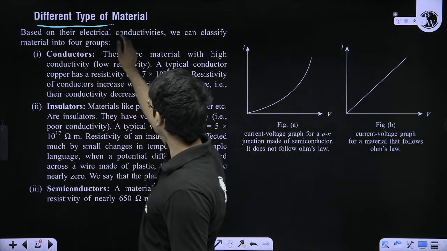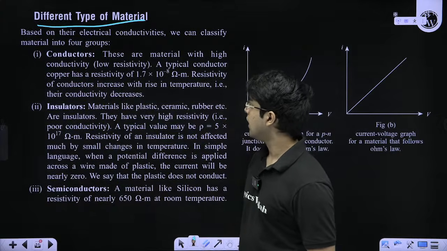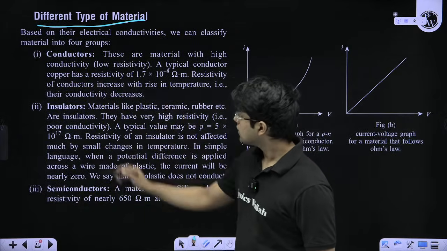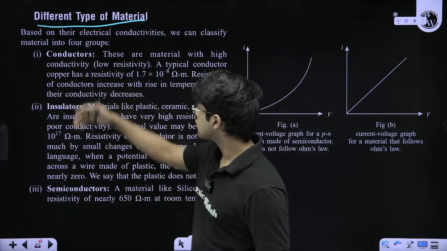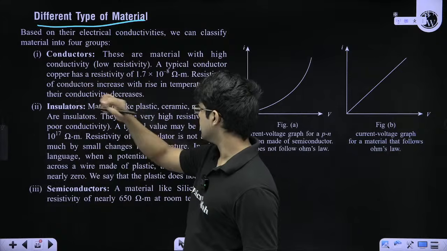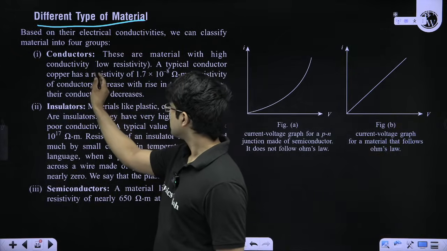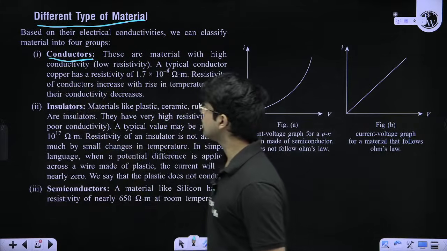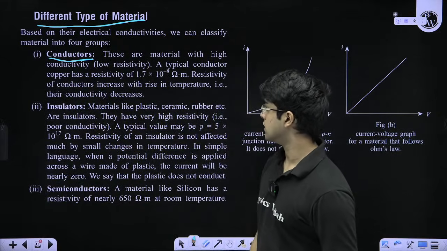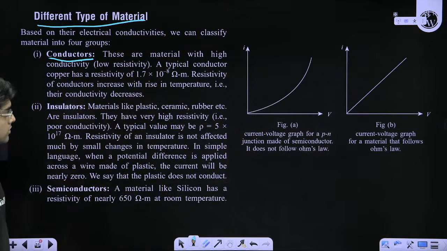We classify different types of materials according to how good a conductor they are, or basically on the basis of their conductivity. If they're very high in conductivity, which means very low in resistivity, then they are classified as very good conductors. So these are materials with high conductivity and low resistivity.